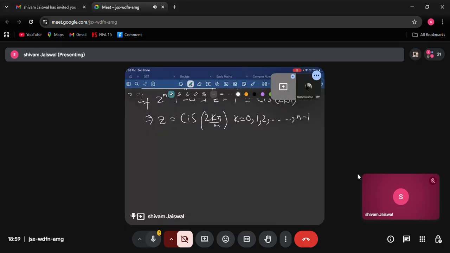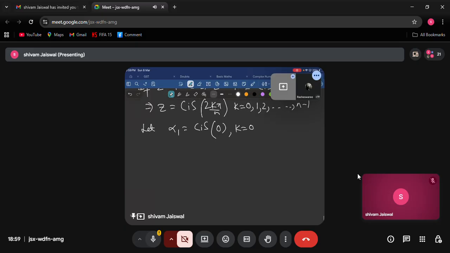Next, let alpha 1 be equal to cis 0, for k equal to 0.